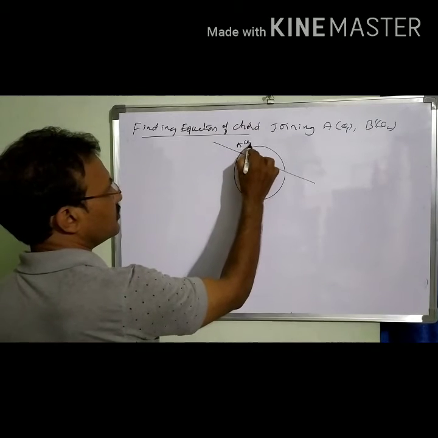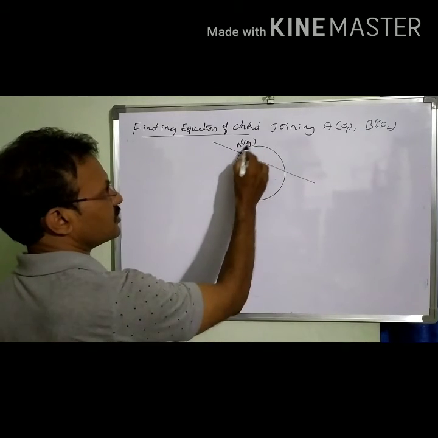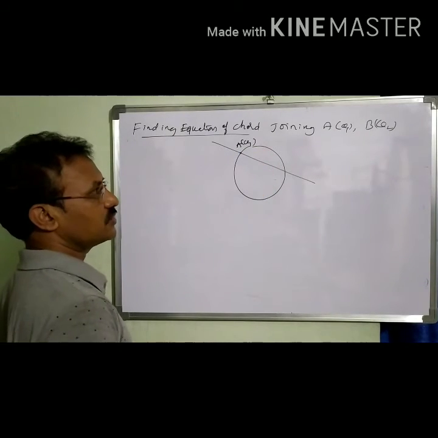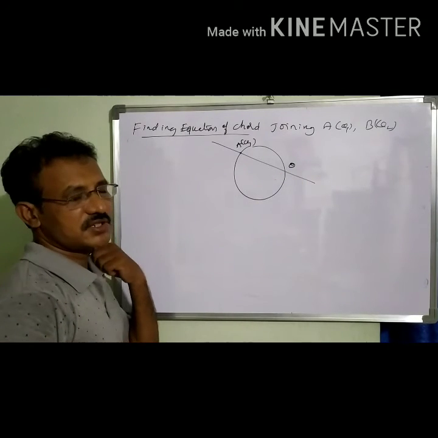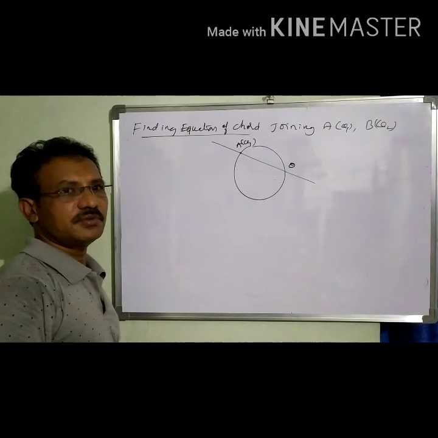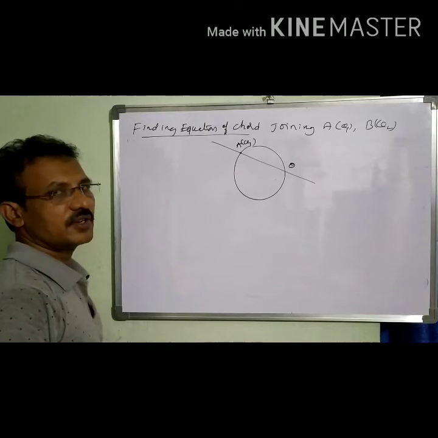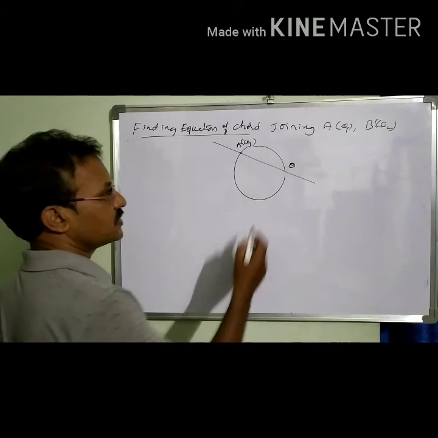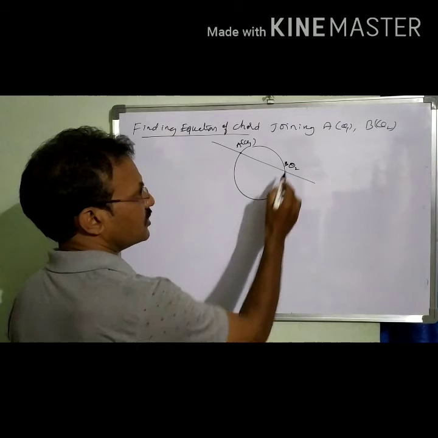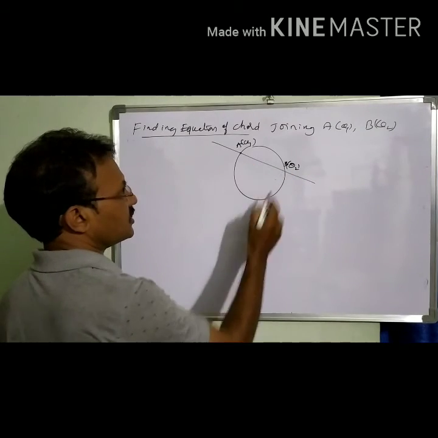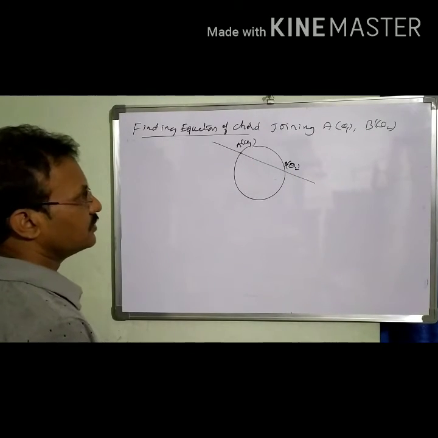A theta 1, B one point, that is a cos theta, comma a sin theta. A point on the circle, if it is written in theta, can be considered as a cos theta, comma a sin theta, if a is the radius. Theta 2, B theta 2 is the other point. Then what is the equation of chord AB?